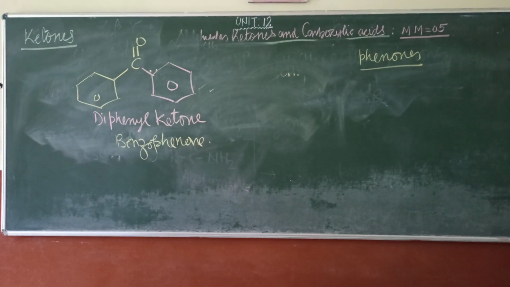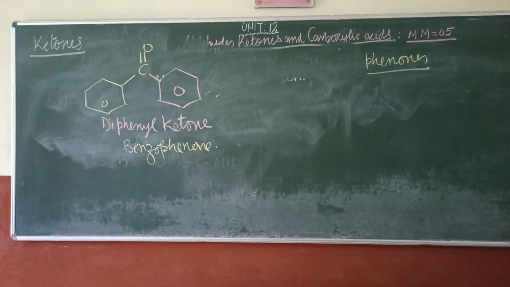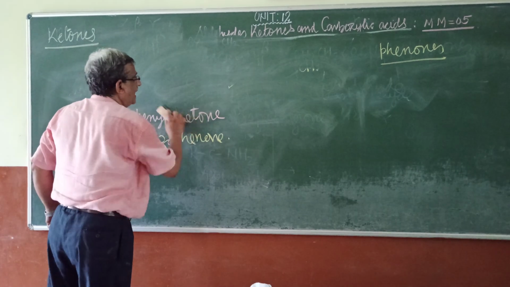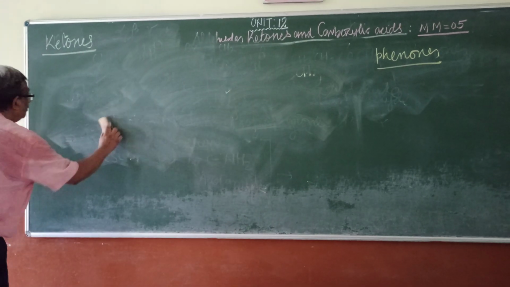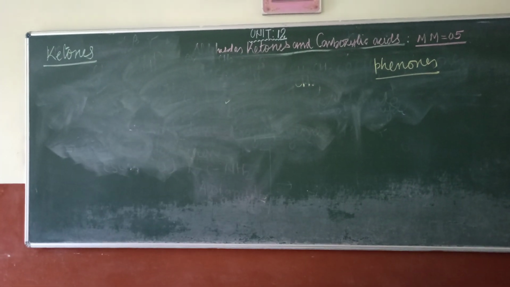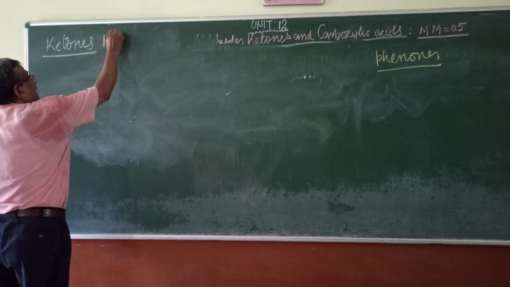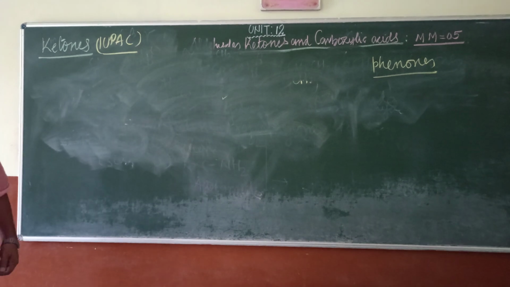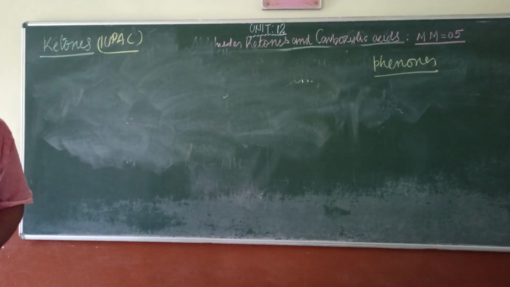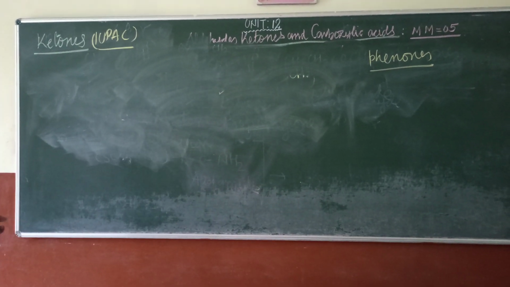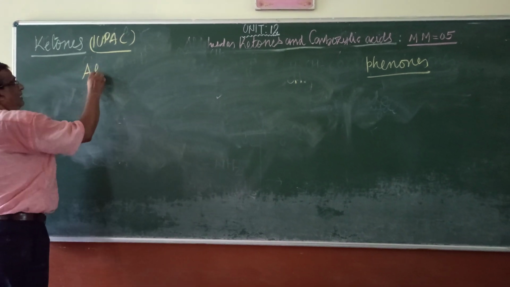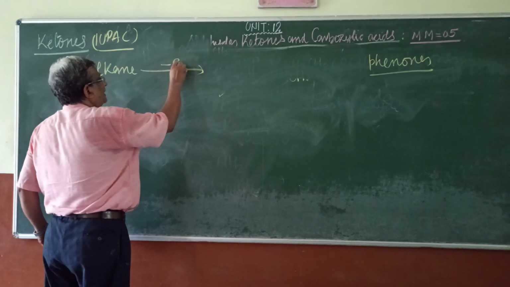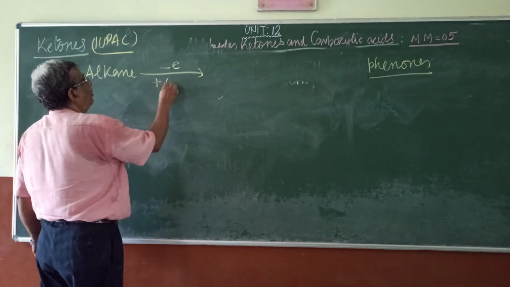Now in the last thing, I would like to tell you, how do you name the ketones in IUPAC manner? What are the rules for naming ketones through the IUPAC system? Children, in the IUPAC system, again what we do, we take the alkane, and we remove the E of alkane by adding -one.